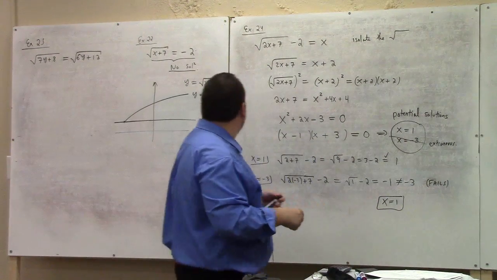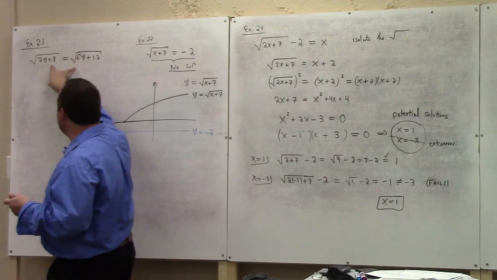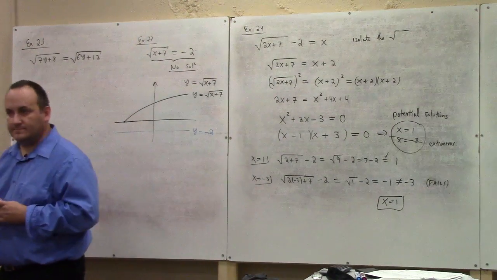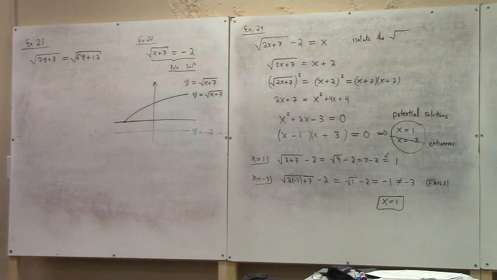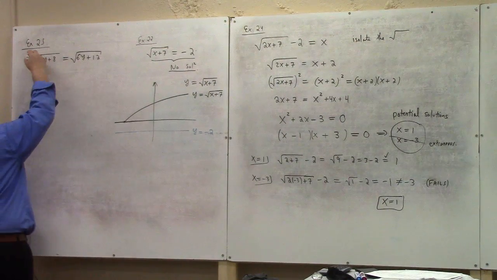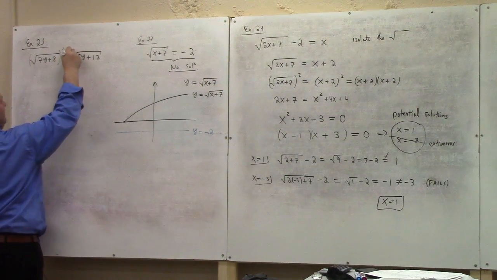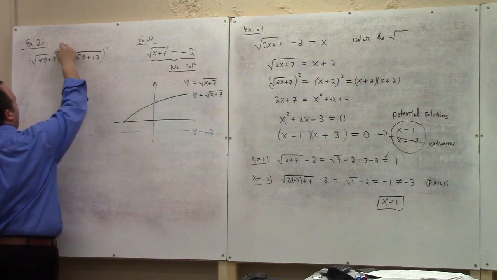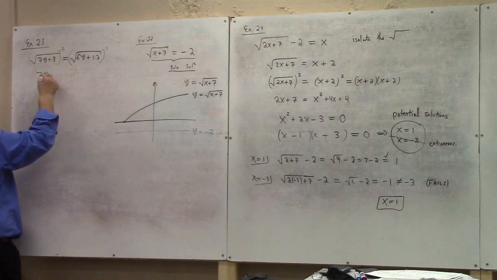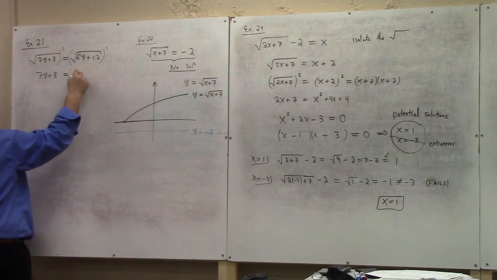But in any event, what are we going to do here? Square the equation. And that gives us 7y plus 8 equals 6y plus 12.